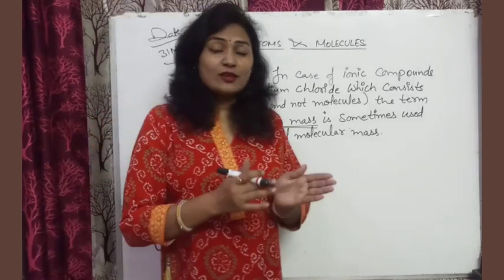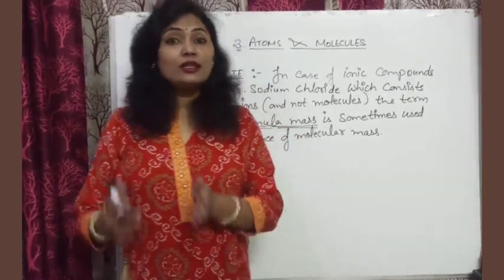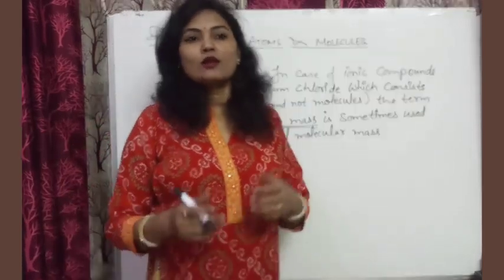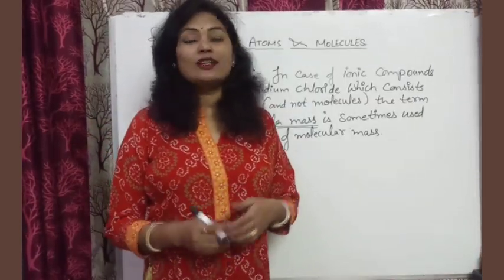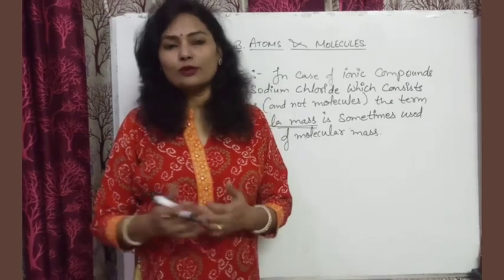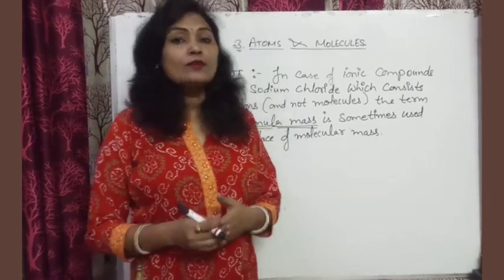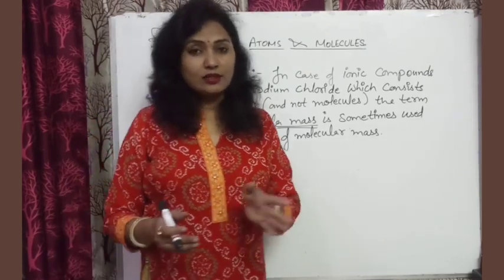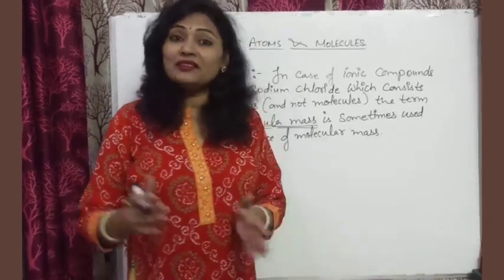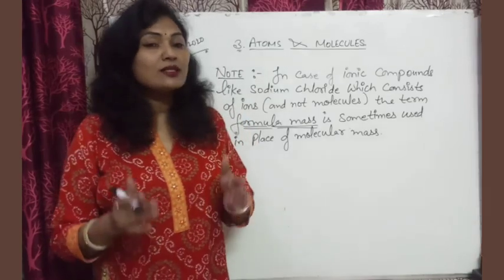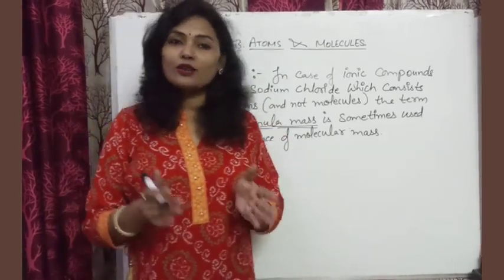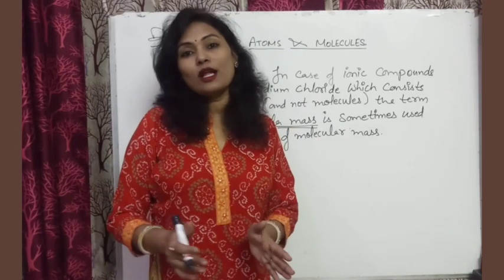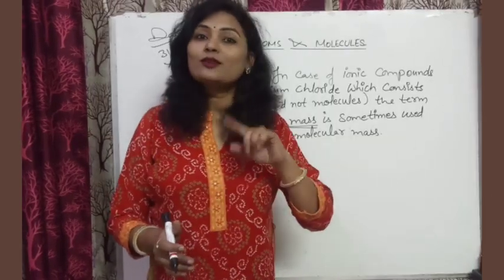It is compulsory that you should learn what is formula unit mass or formula mass. In the case of ionic compounds like sodium chloride, sodium carbonate, potassium chloride, these consist of ions, cations and anions. So these do not contain molecules. So the terms formula unit mass or formula mass are used, not molecular mass.